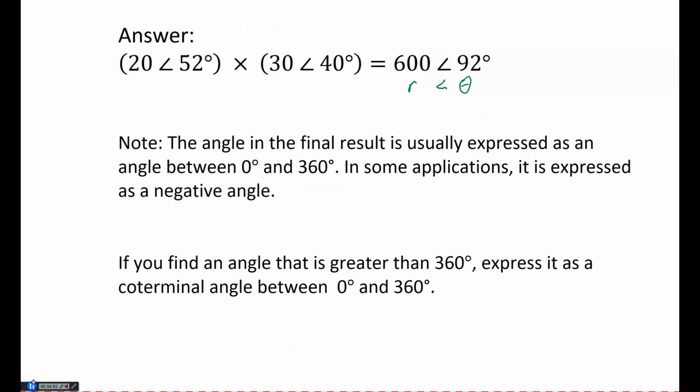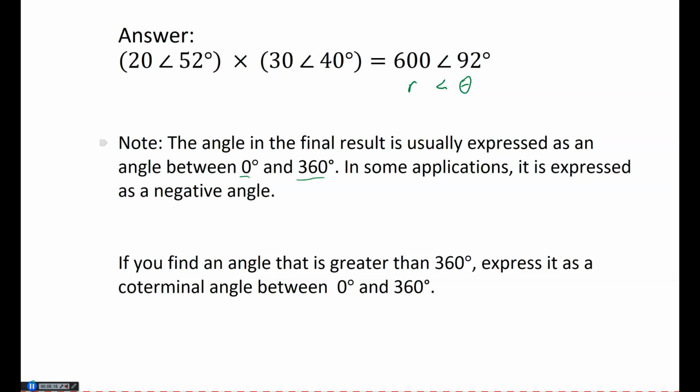One thing to note about the angle in your final result is it usually is expressed as an angle between 0 and 360 degrees. In some applications, it's expressed as a negative angle, like in the electrical. But it would be good practice to just express the angle as an angle between 0 and 360, which means if we get an angle greater than 360, we should express it as a coterminal angle between 0 and 360 degrees.